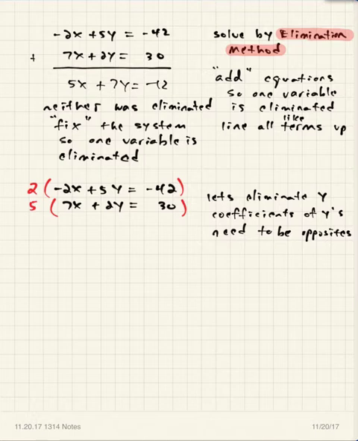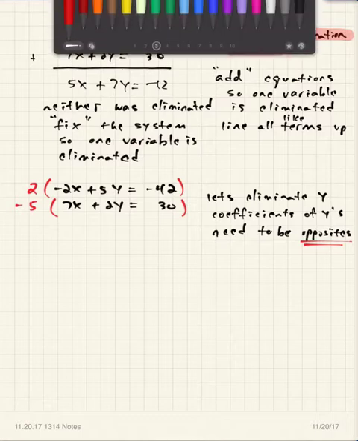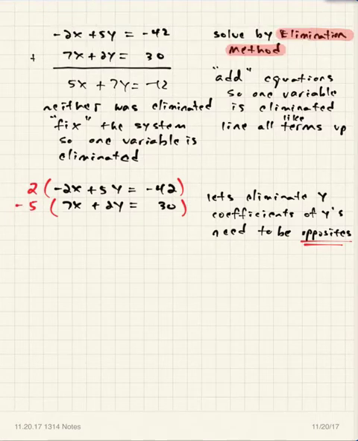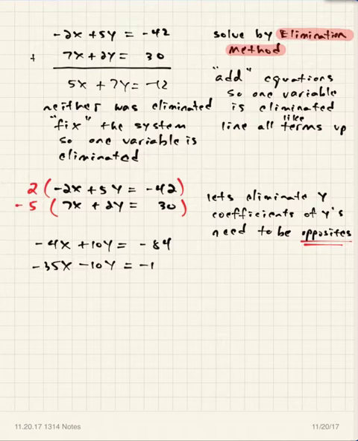Now I need them to be opposites, so I make one of them negative, and it doesn't matter which one. So when I multiply every term in the first equation by 2, in the second equation I multiply every term by negative 5. Let's see what this system looks like now. So you have negative 4x plus 10y equals negative 84, and negative 35x minus 10y equals negative 150.